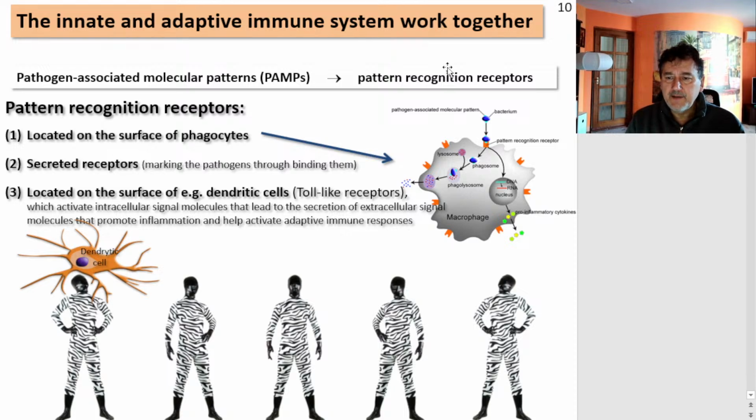So this whole system belongs to the non-adaptive immune system, but it has a certain degree of specificity. So these include those receptors, for example, toll receptors or toll-like receptors, and there are also secreted receptors, but typically they are on the surfaces of the cells.